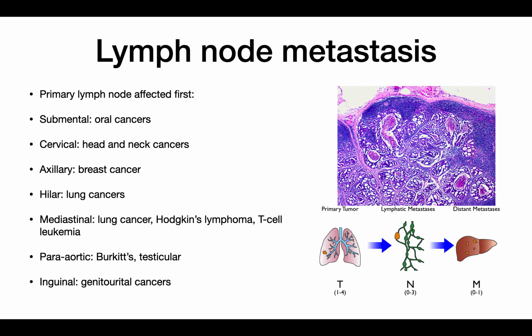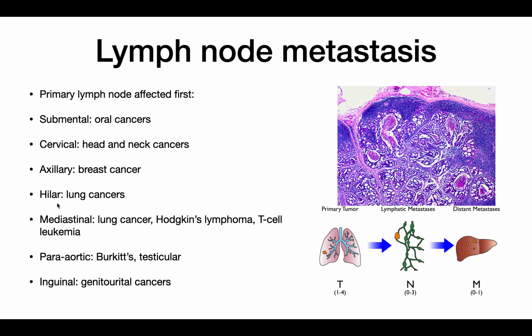Okay, so now here are the problems. In lymph node metastasis, first, the primary tumor is affected. In general, the submental lymph node is going to be caused by oral cancer, and the cervical is going to be head and neck cancers.